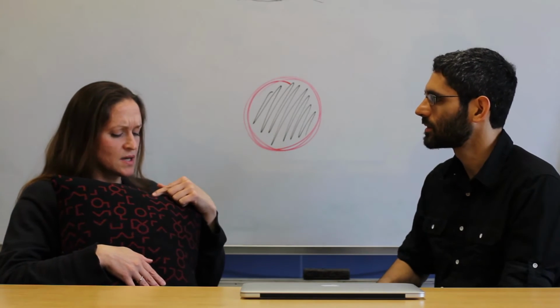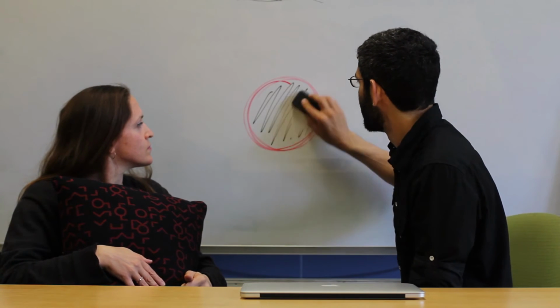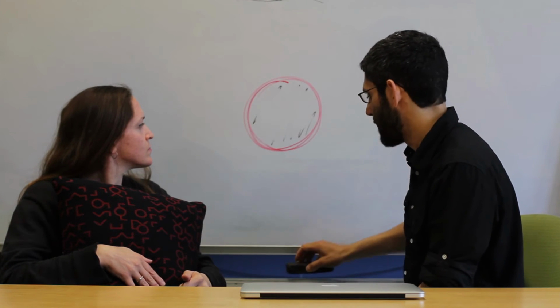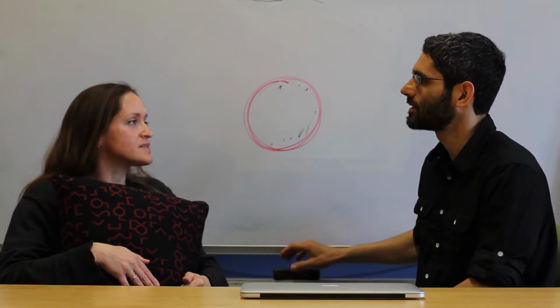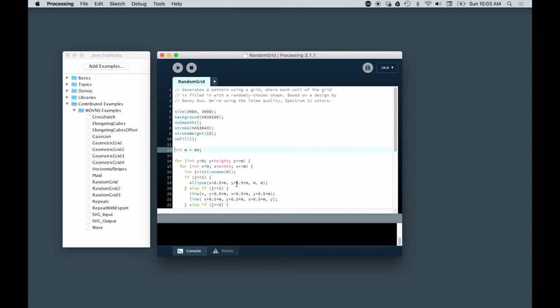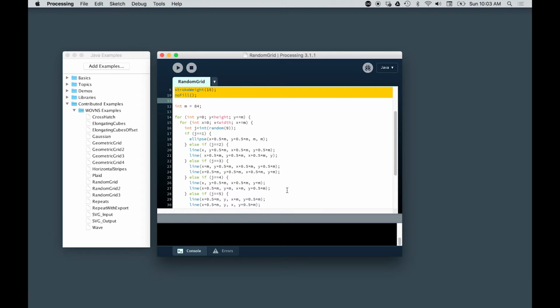So does Bonnie's design have a black fill? Actually, in this case, there's no fill, and instead what's happening is the background color, which is black, is showing through. Oh, I see. Cool. And so that's basically the setup of the canvas and the color palettes that we're going to use in the design. Okay. Now let's look at the next portion of the code.